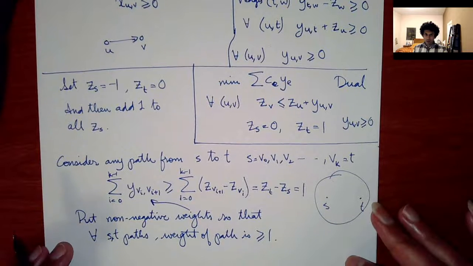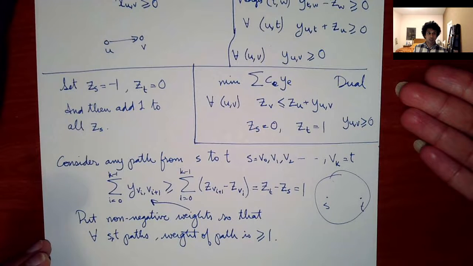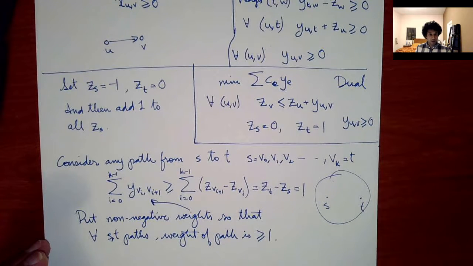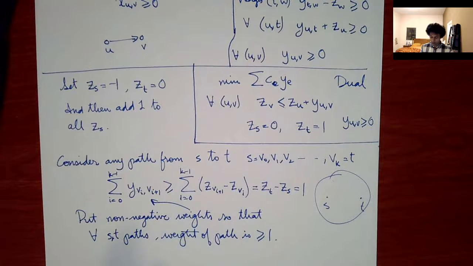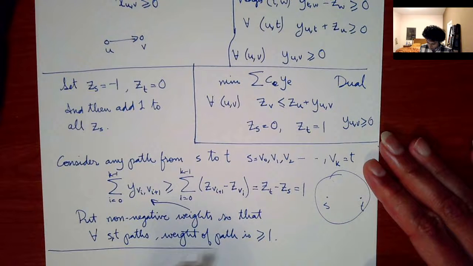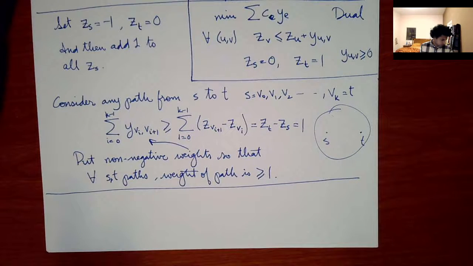Alright? And for those of you who've seen the proof of max flow min cut, this is actually the cut LP. And we need to prove that the solution is actually going to be the cut. But let me leave you with the simpler part.